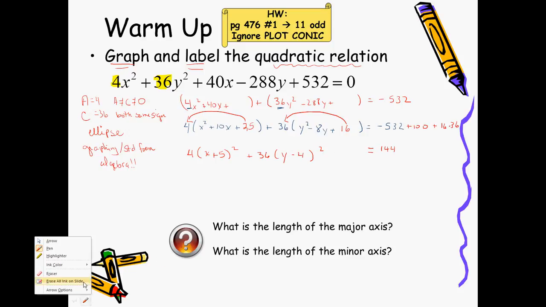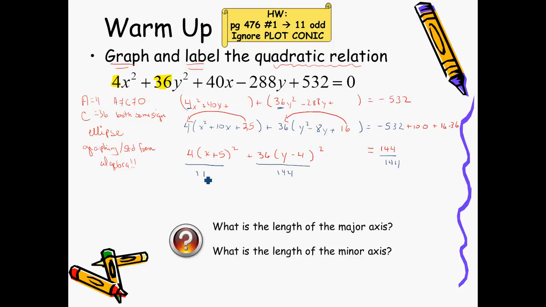And lastly, I need to do what on the right side? If I have an ellipse, what has to be on the right side? I need a 1. So I have to divide everybody by 144 in order to get this 1. 36 goes into 144. Guess how many times?